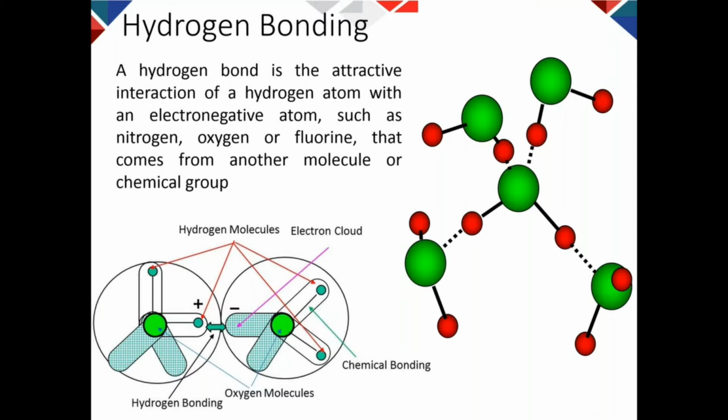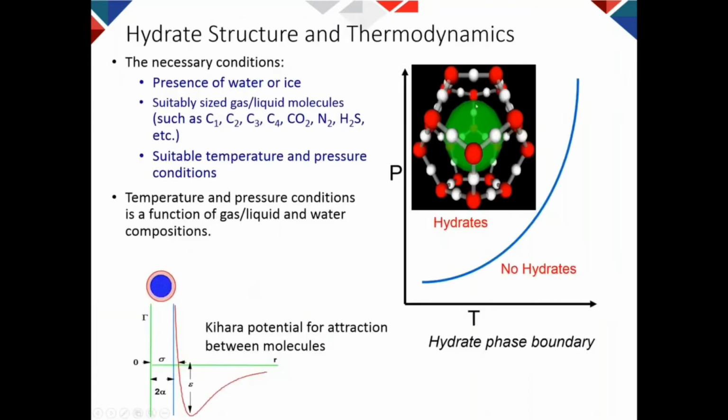So when water is in the liquid state, you have this hydrogen bonding and they form a shape like this. And if we have a gas molecule, this green sphere is the gas molecule. And this red is oxygen, the white are hydrogen.